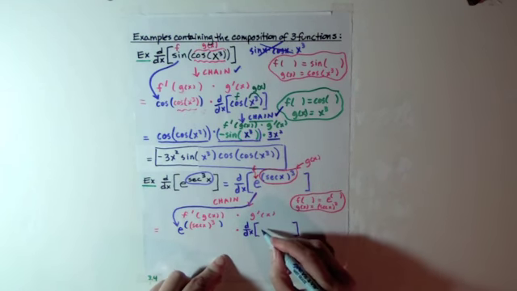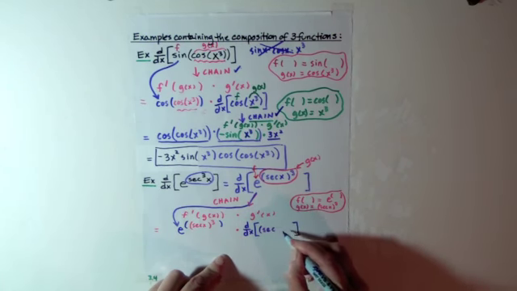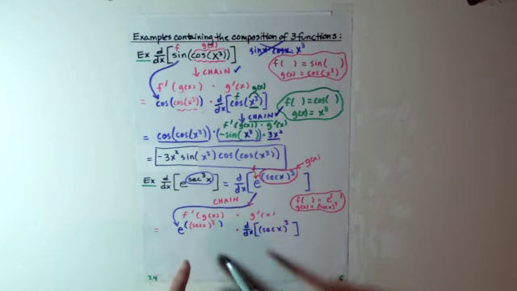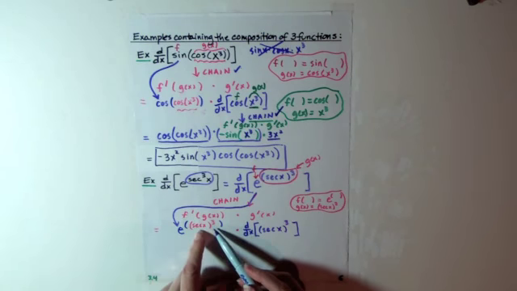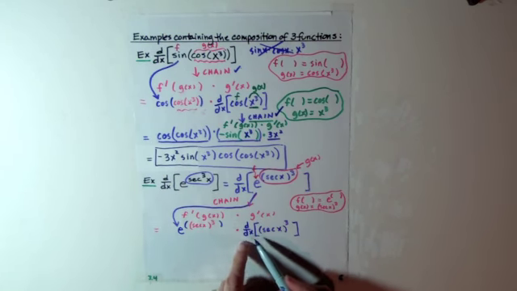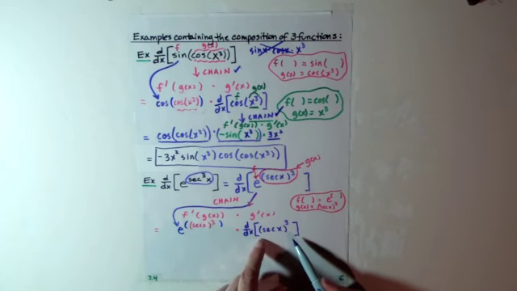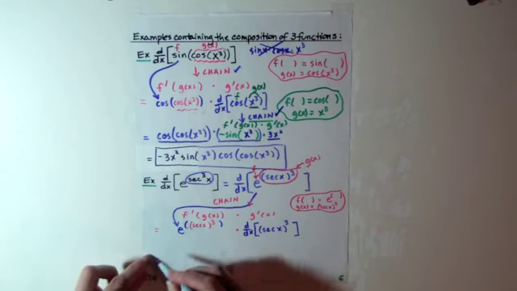So I'm simply going to write times the derivative of my inner function, and I make use of my operator symbol, and I'm going to wait to do that to the very last step. Okay, this part we are done with.